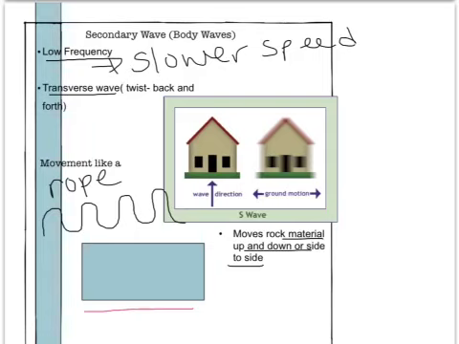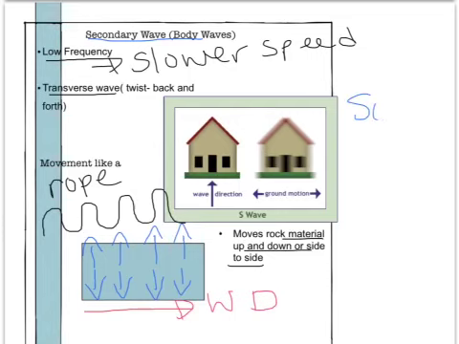So if this arrow represents wave direction, WD, the material, these houses, would move up and down as the wave is traveling through the crust only. Secondary waves can only travel through solids. They cannot travel through liquids, so they will not be able to travel through the outer core.